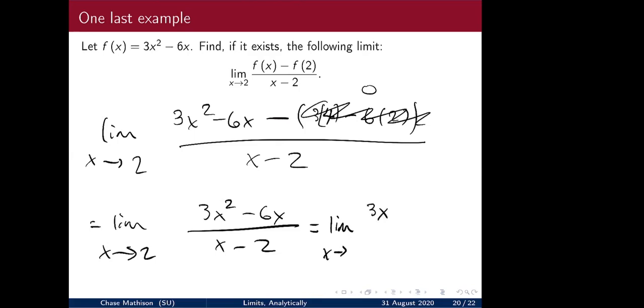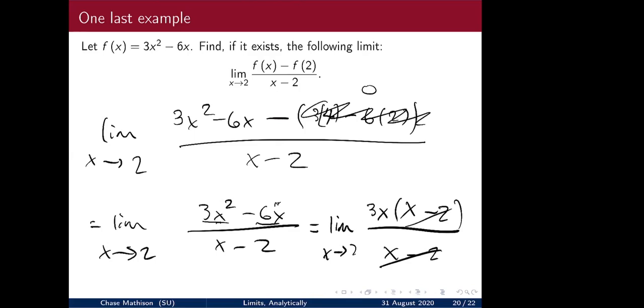Perfect. 3x, I factor out a 3x because each of these terms has a 3x in common, right? And then when I do that, I'm left with an x here and then a 2 here, x minus 2. All right, and then what happens? Beautiful.